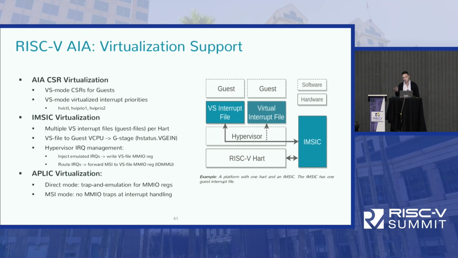And you have also the APLIC virtualization. As I said, in direct mode, you need to trap and emulate everything, and this is quite costly. I will get there. Or when you have the IMSIC infrastructure, you have this MSI mode, where you can redirect wired interrupts, translated to MSIs, directly to the guest operating system.